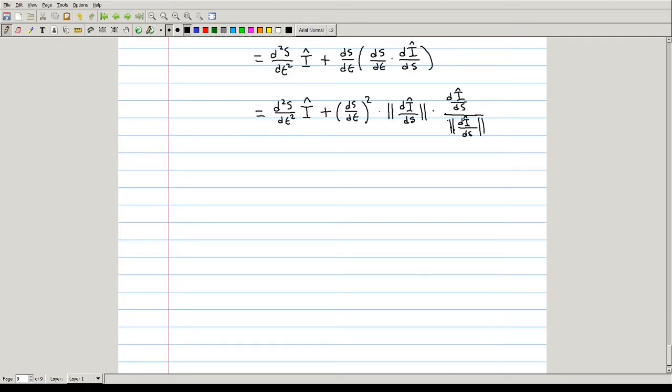Or, in shorthand, a good thing for you to check is to show that dT/ds over the magnitude of dT/ds is in fact the same thing as dT/dt, the derivative of the unit tangent vector with respect to time, or the parameter t, divided by the magnitude of dT/dt, which is exactly equal to that unit normal vector that we defined before.